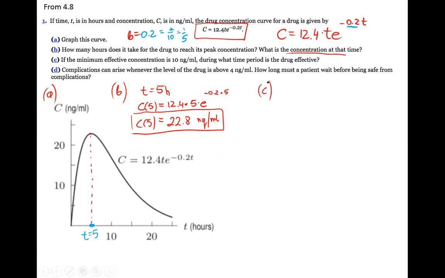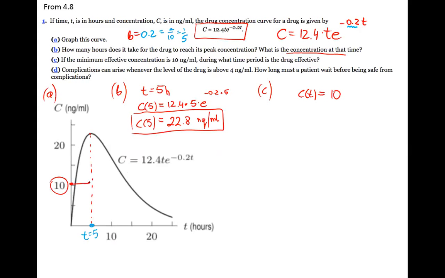What is part C? If the minimum effective concentration is 10 nanograms per milliliter, during what time period is the drug effective? Okay, we just have to find when the concentration is 10 nanograms per milliliter, which is this 10.